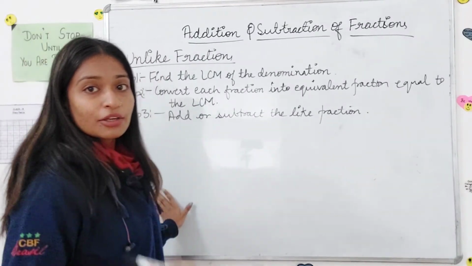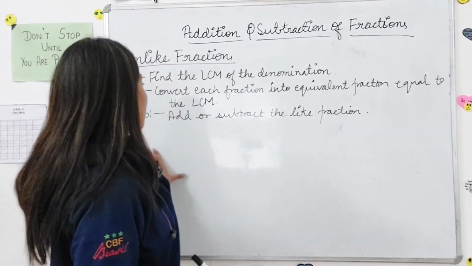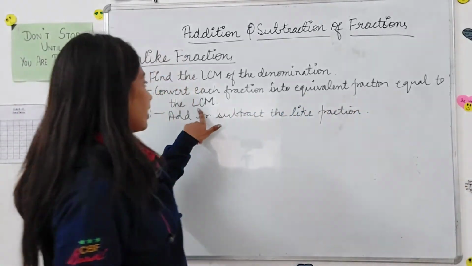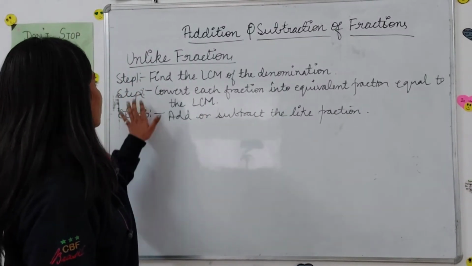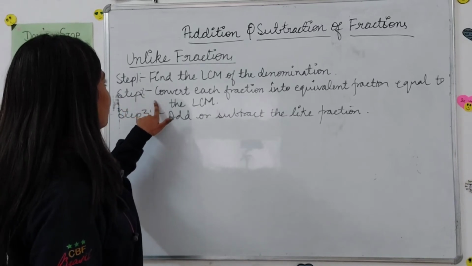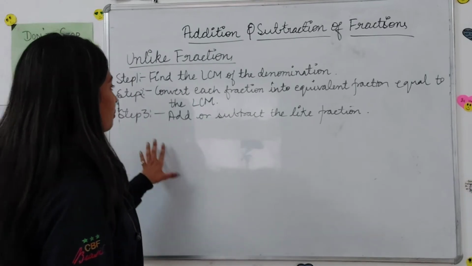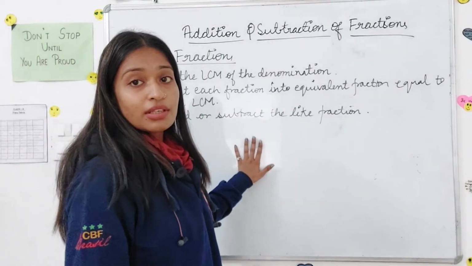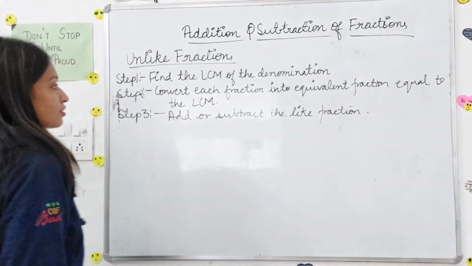We multiply the numerator and the denominator by the same number. And we have to make the equivalent fraction's denominator equal to the LCM. Now in step number 2, we have like fractions. In the last step, we add or subtract the fractions as we do in like fractions.